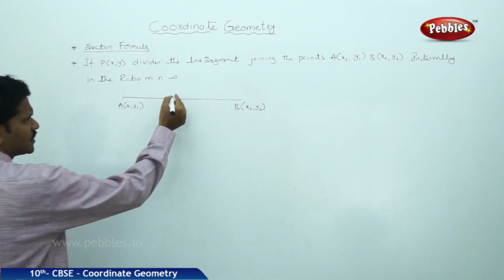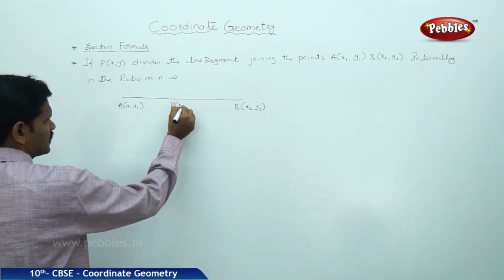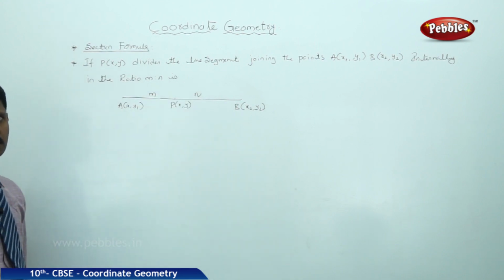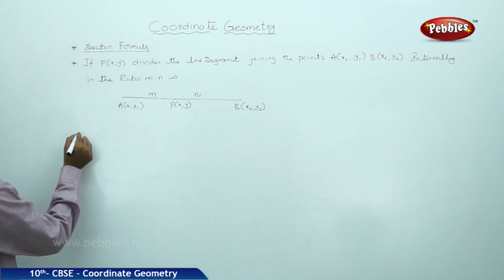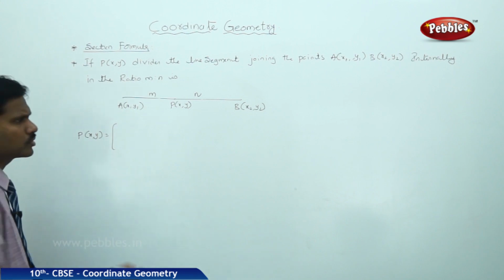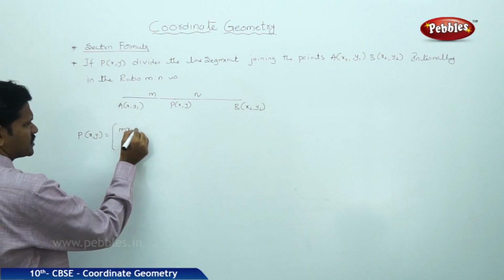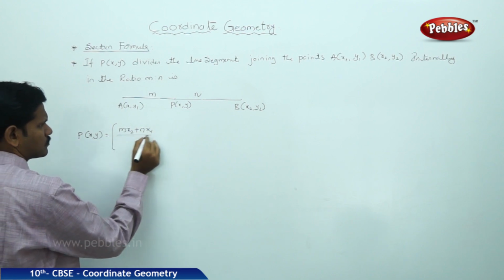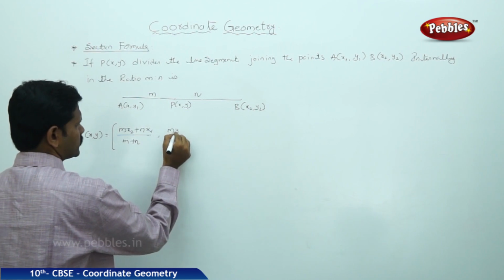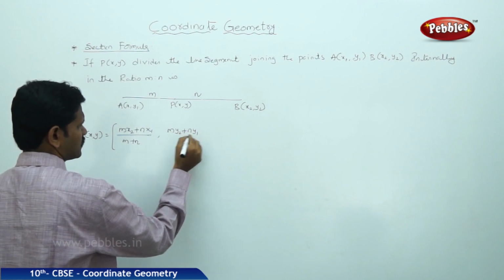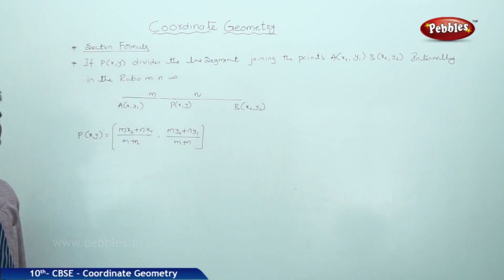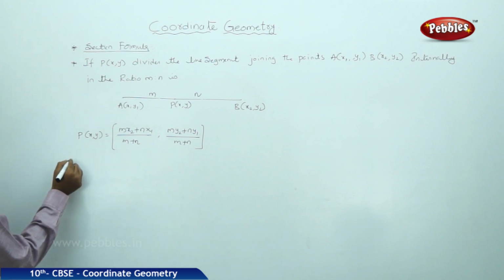For this line segment, P divides it at a point in the ratio m:n. This is the internal division.